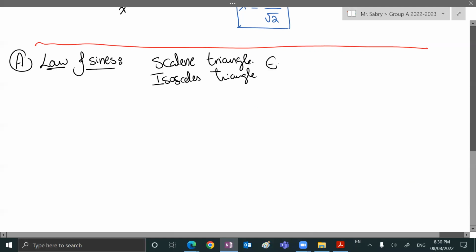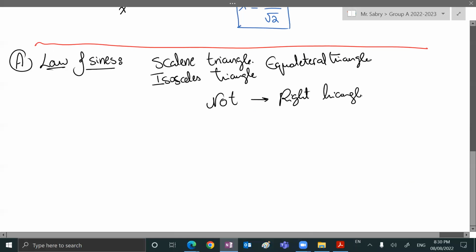It could be applied on equilateral triangles, but it doesn't make sense, of course, to apply it on equilateral triangles, but it will work. The only thing that does not work with it is right triangles. So if there is a 90 degrees there, we know for a fact that we're not thinking of the law of sines.